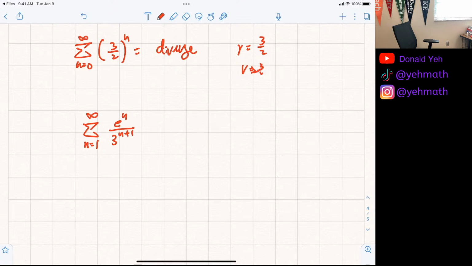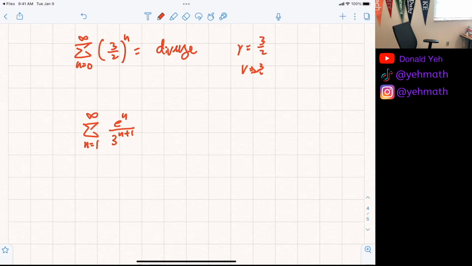Then it will be e to the n over 3 to the n. Yes, it's just math manipulation. So what was the question?